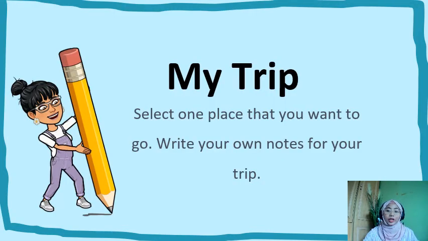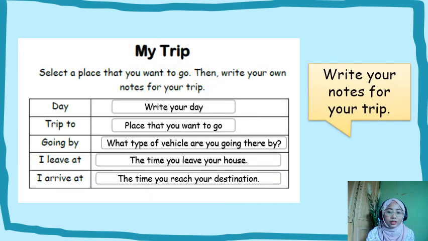Next, now that you have done the first activity, let's move on to the second activity. We have My Trip. Select one place that you want to go and write your own notes for your trip. Look at the template. We have the day. Write your day, the date, and then the trip.